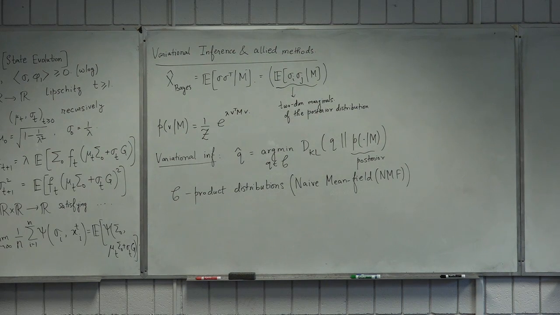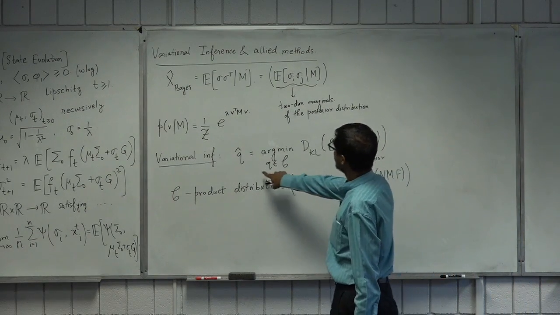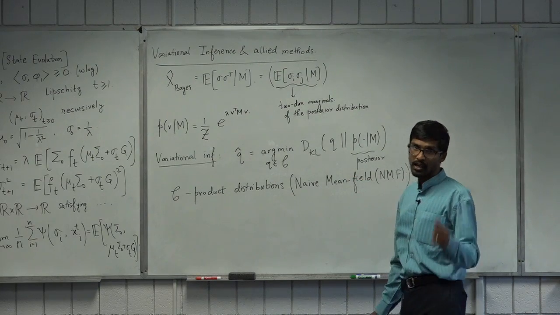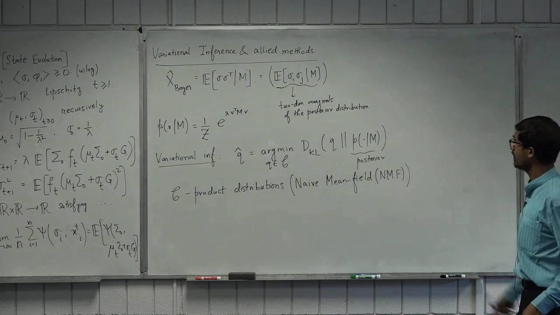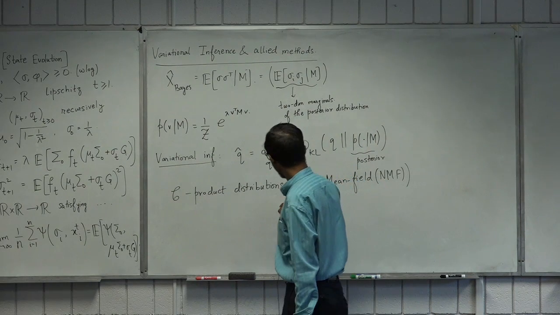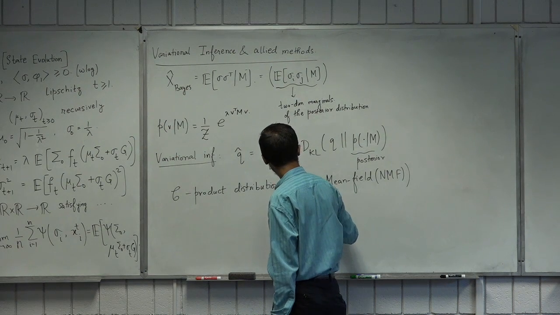Okay, so what strategy are we talking about? If we want to do naive mean field for this problem, we say, well, let's say I can solve this optimization problem over the set of product distributions. Let's say my optimizer is a product distribution, Qi hat.